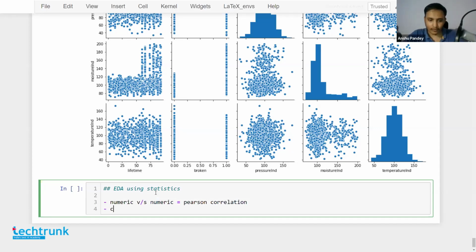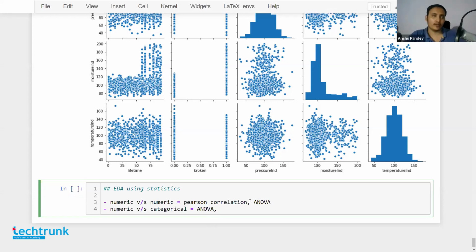Categorical or numeric versus numeric, Pearson correlation is one, ANOVA is another, but you don't have a situation here. If you look at numeric versus possibly categorical, you can look at ANOVA again. You can look at probability information, right?